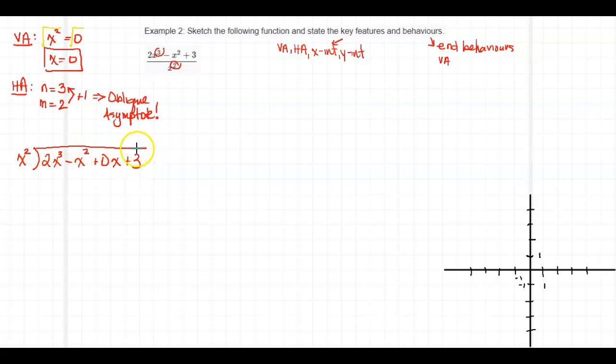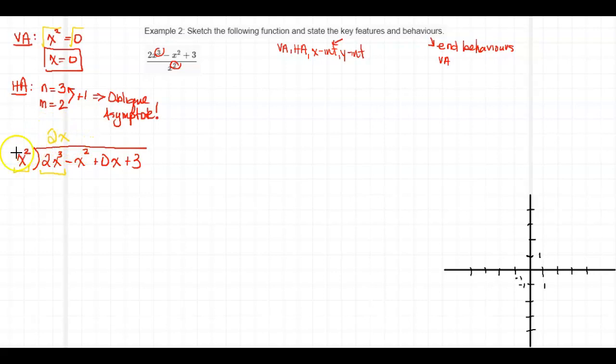Now we are going to long divide, just like normal. So we are going to compare, I've only got one term here, and compare it to this and divide. So when I divide 2x cubed by x squared, that will leave us with 2x.